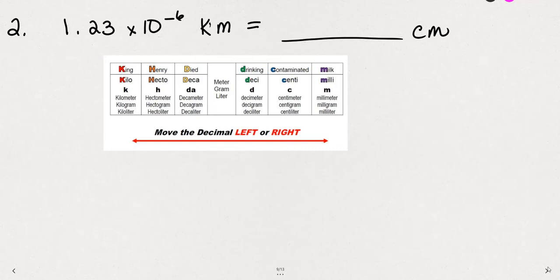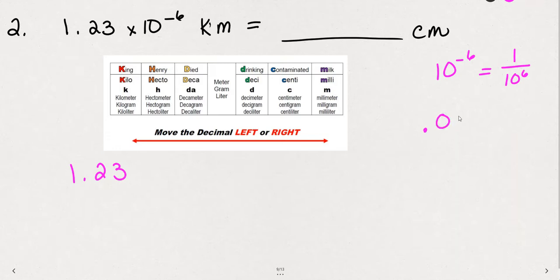1.23 times 10 to the negative 6 kilometers into centimeters. Now, this is called scientific notation, and this times 10 to the negative 6 is equivalent to 1 over 10 to the 6, or it's equivalent to 1, 2, 3, 4, 5, 6 decimal places.